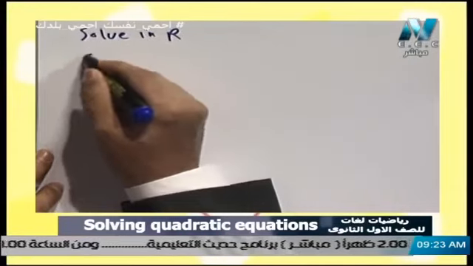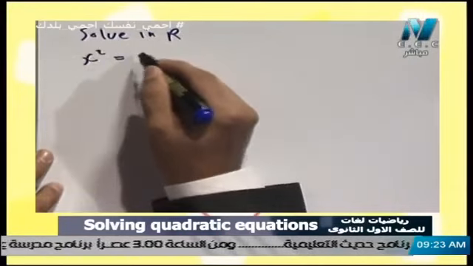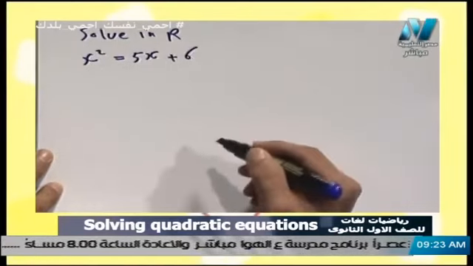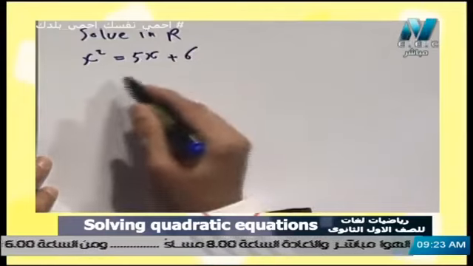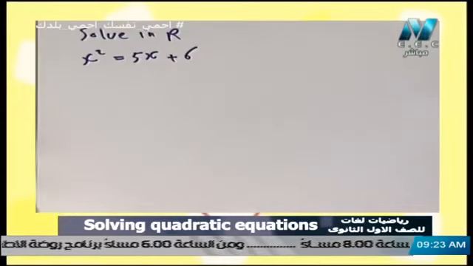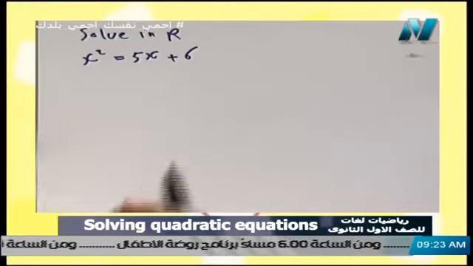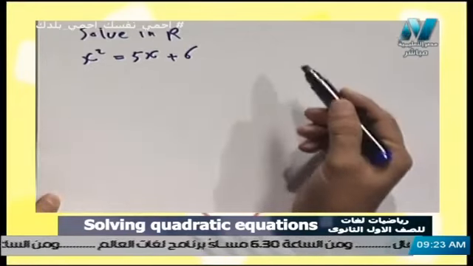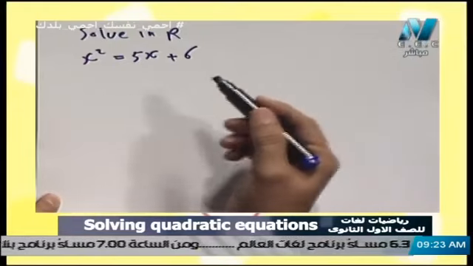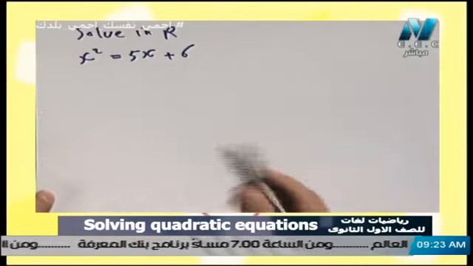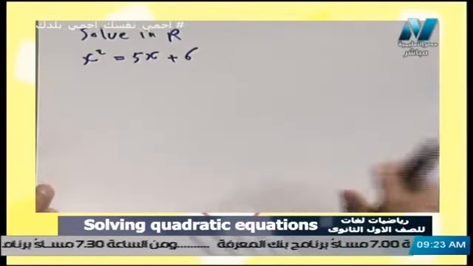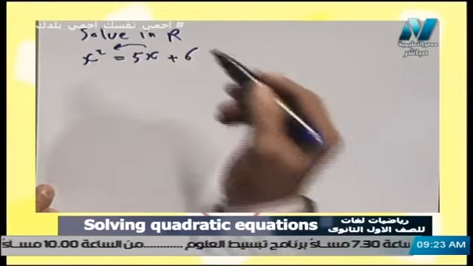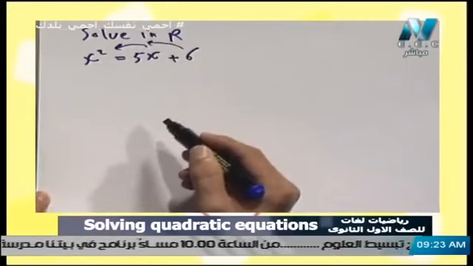We have here x power 2 equals 5x plus 6. Here we have a small problem. The problem is that x power 2 is on one side and 5x plus 6 is on the other side of the equation. So we have to transfer. We will transfer 5x to be negative 5x on the other side and 6 to be negative 6 on the other side.